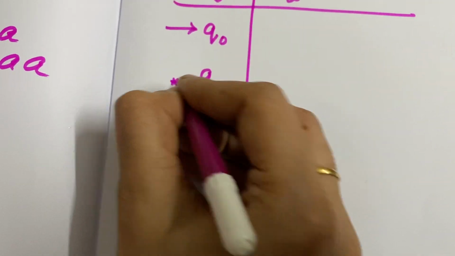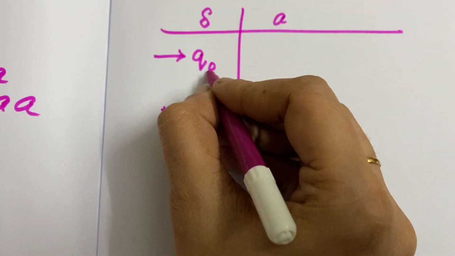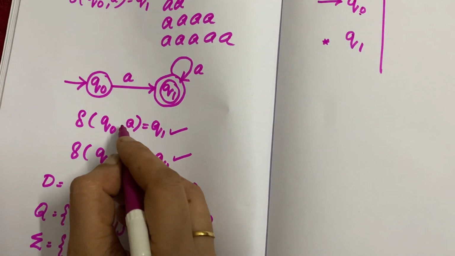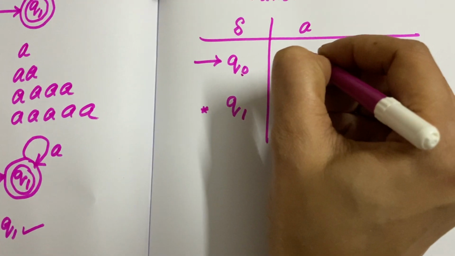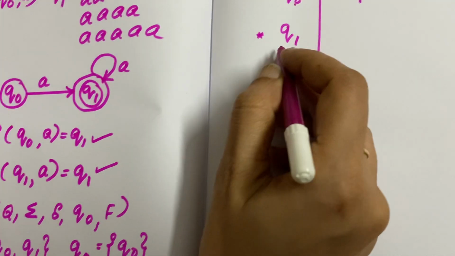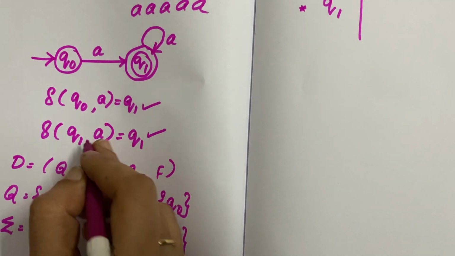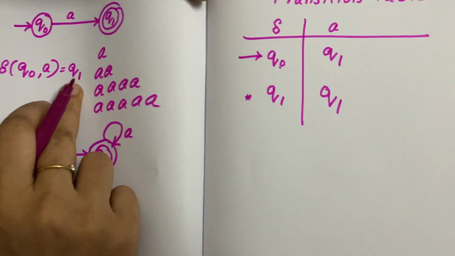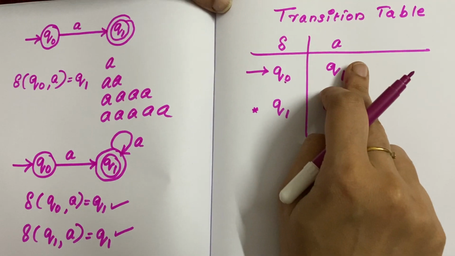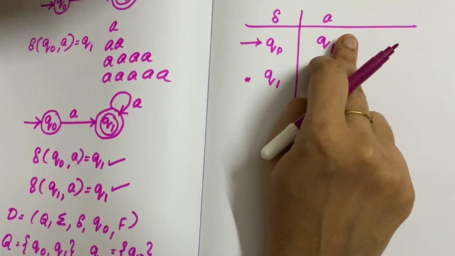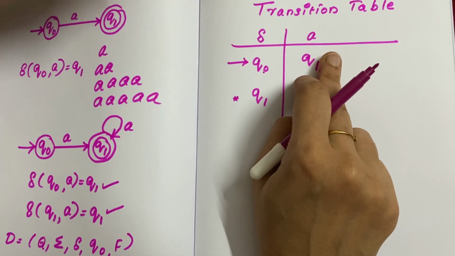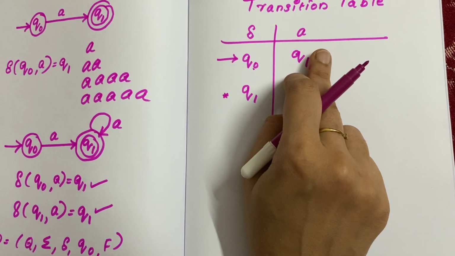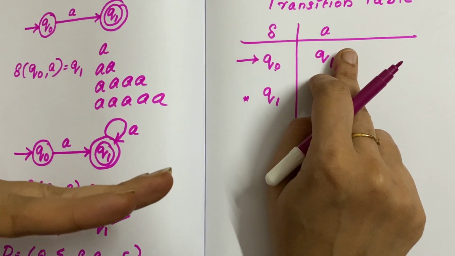Q0 on accepting A goes to Q1, and Q1 on accepting A goes to Q1 itself. So this is your transition diagram and this is your transition table for the string of A's having at least one A. Follow these steps properly and then construct your DFA. Thank you.